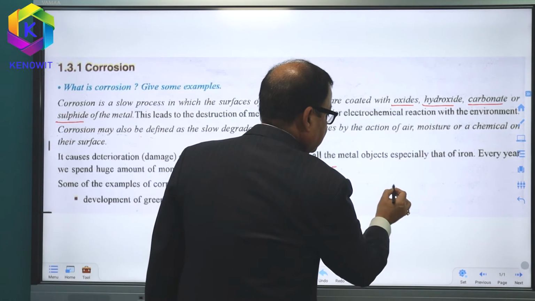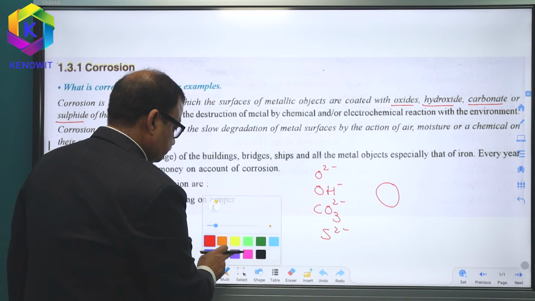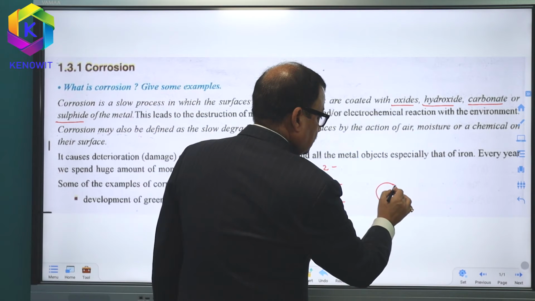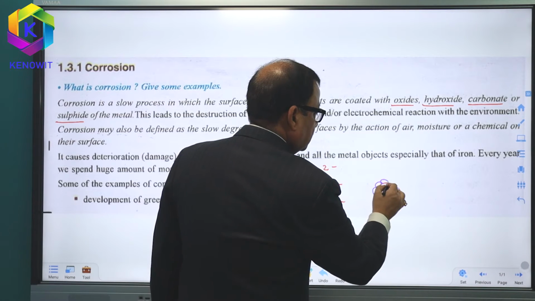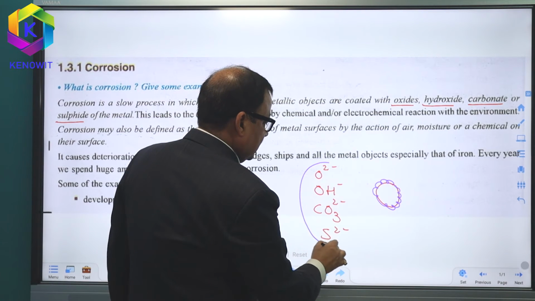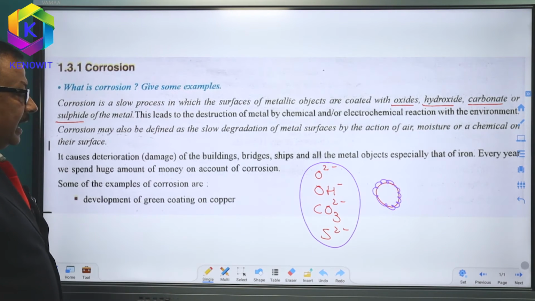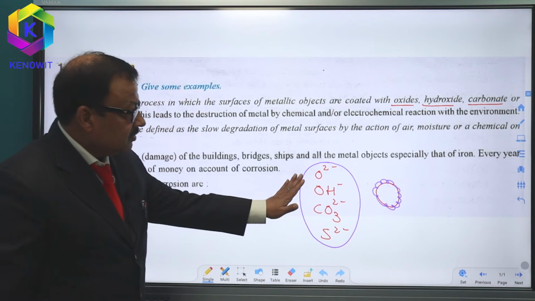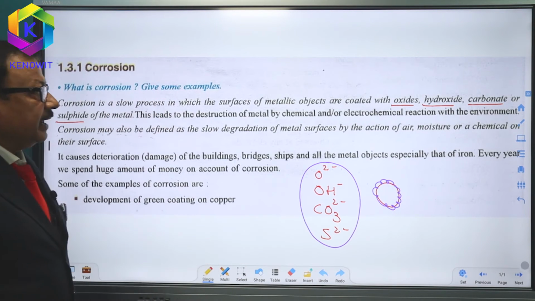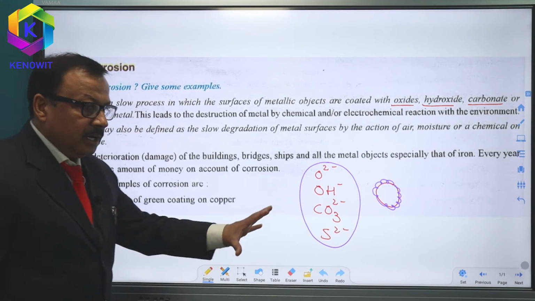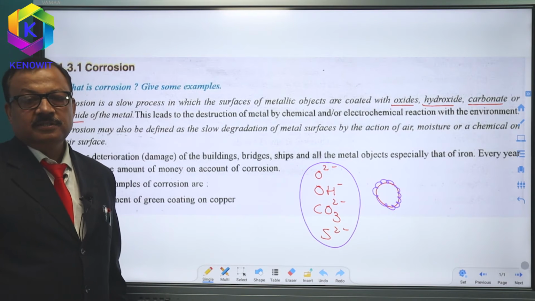So on the surface of the metal, layers are formed. Oxide, hydroxide, carbonate and sulfide layers are coated on the surface of the metal, and due to the formation of these layers, the metal loses its tensile strength or tenacity.